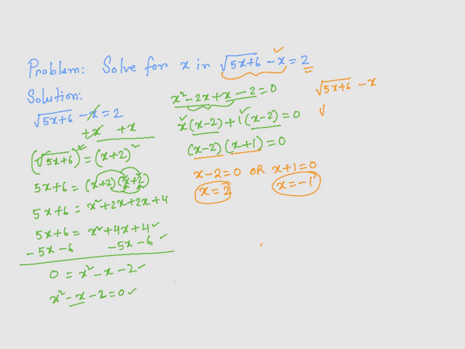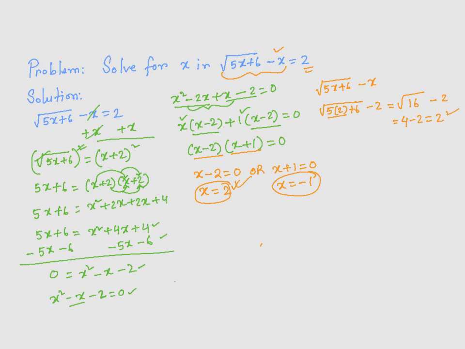Let's check this one first. Square root of 5 times 2 plus 6 minus 2 is equal to square root of 10 plus 6, which is 16, minus 2. But the square root of 16 is 4. 4 minus 2 is equal to 2. So this one does check.